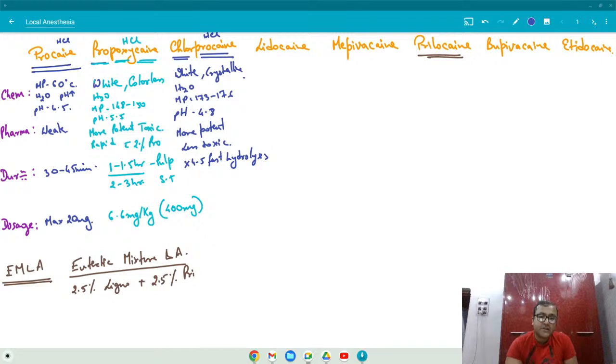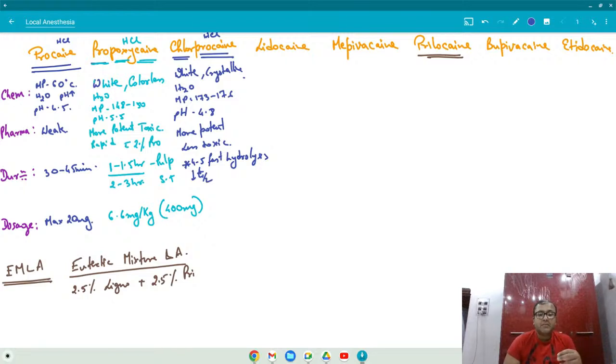So if elimination is rapid because hydrolysis is faster, should the half-life be elongated? No. So I hope you understood that it will have a very, very short half-life. It is 4 to 5 times faster hydrolyzed than procaine, and definitely it has a short T half. This is how we write it, short half-life.